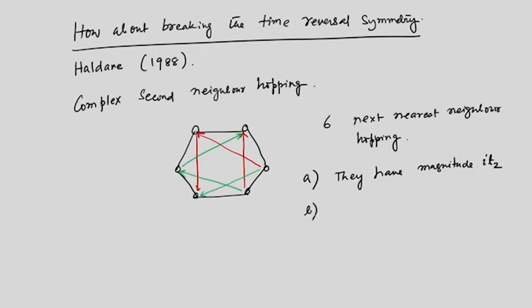And the red hoppings, which are say anti-clockwise, have negative magnitude, that is minus iT2, and green hoppings have positive magnitude, or vice versa.